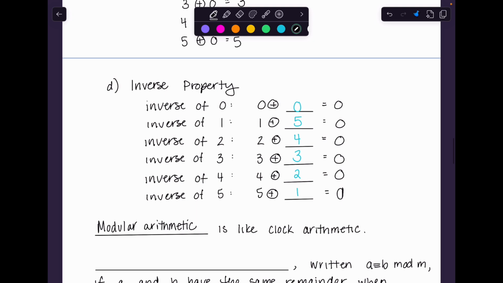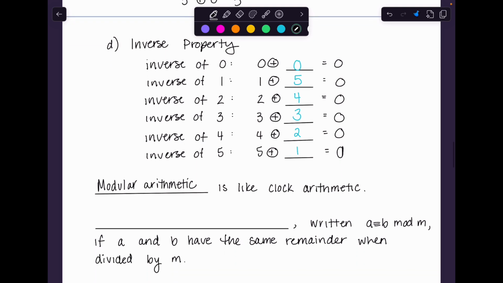So I'm going to start by introducing what we end up writing or what we end up saying. So we say A is congruent to the number B modulo M, which is written as A ≡ B mod M. You might also see this in parentheses.